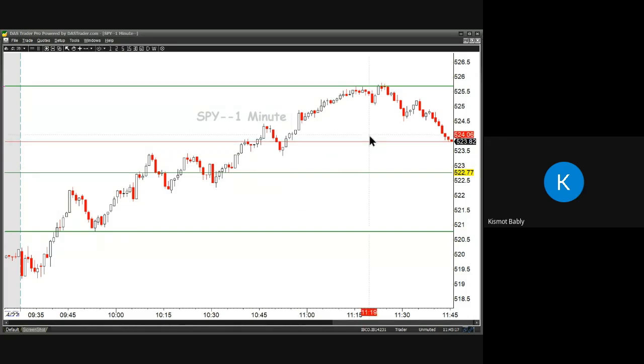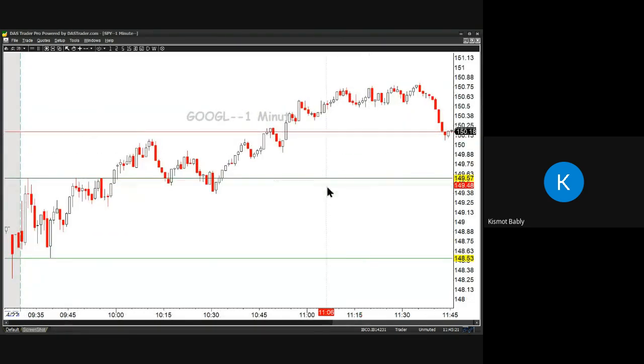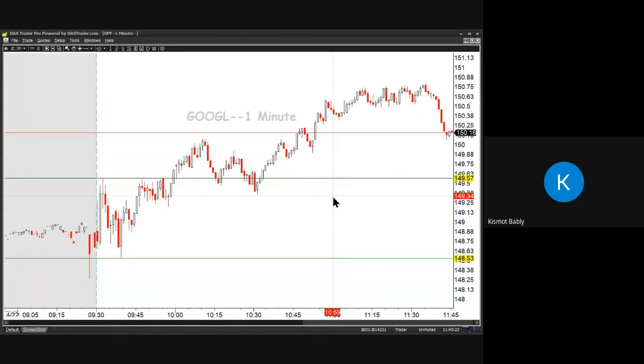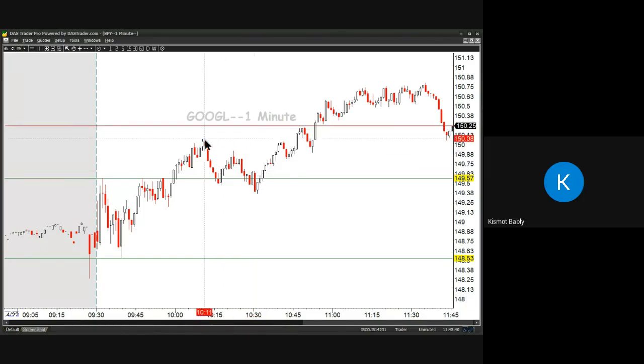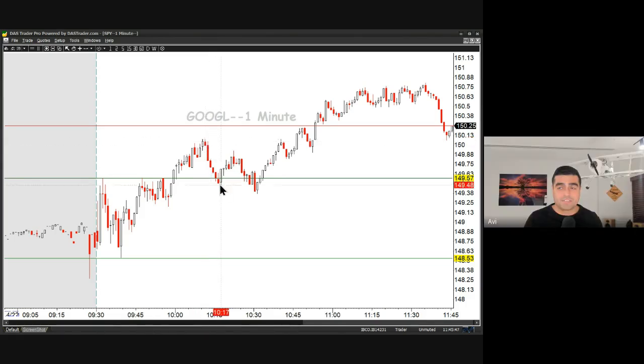Yeah, can you go back to the Google chart, please? I have a question right there. When it broke out and it made a new high first, and then on the next retest, it couldn't make a new high, right? You see the retest?